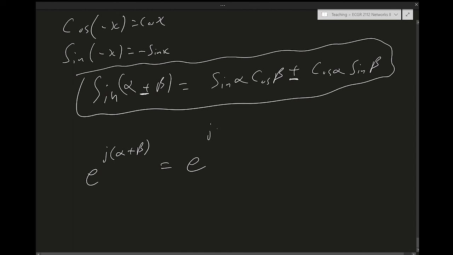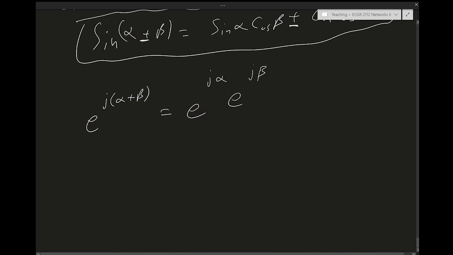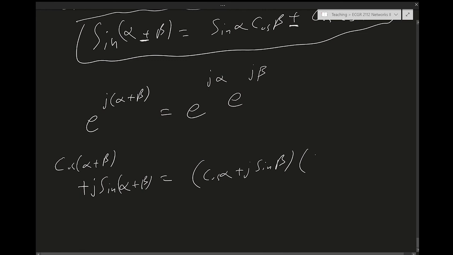This equals e^(j alpha) times e^(j beta). And then I just write cosine(alpha plus beta) plus j sine(alpha plus beta) equals (cosine alpha plus j sine alpha) times (cosine beta plus j sine beta).